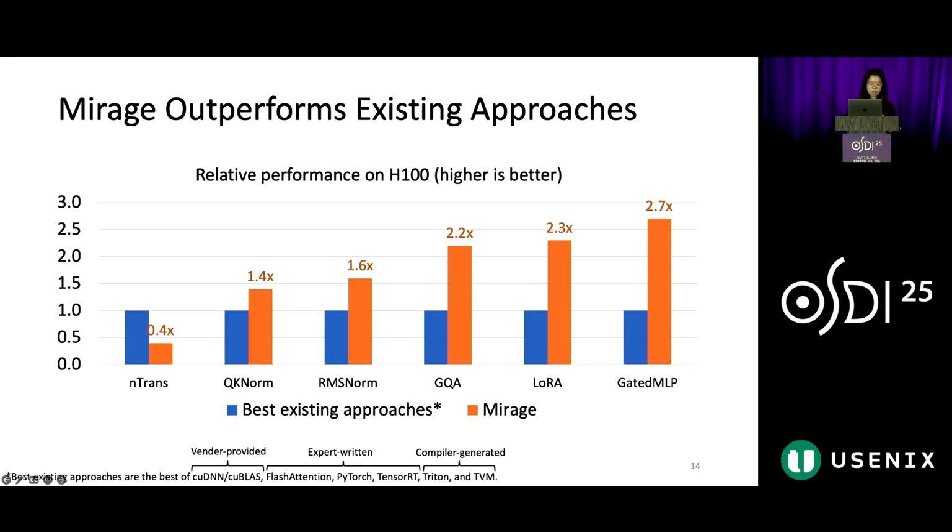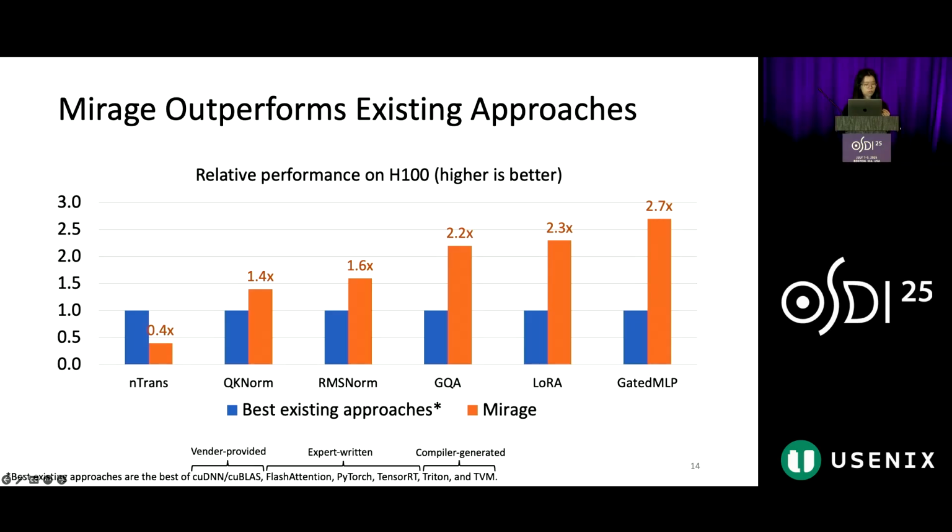We evaluate Mirage on benchmarks selected from commonly used machine learning applications, including normalized transformer, attention with Q and K being normalized, RMS norm plus matrix multiplication, group query attention, LoRA, and gated MLP. Our baselines include vendor-provided kernels, expert-written kernels, and compiler-generated ones.